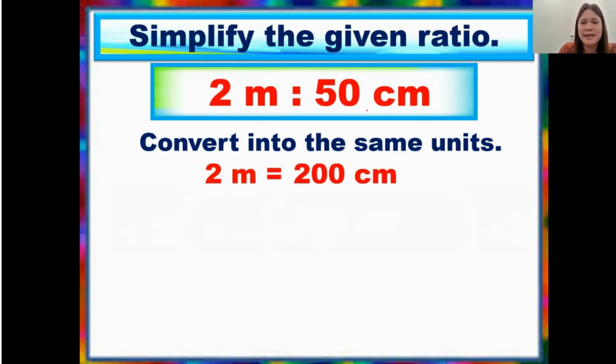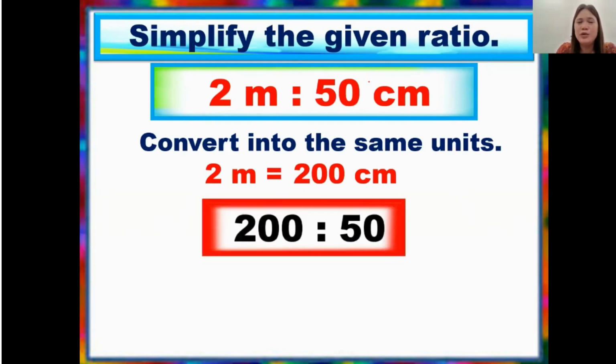So I'm going to replace this 2 meters here by 200 centimeters. So I will be able to simplify the ratio since I now have the same units. And when you already have the same units, no need to write the units.